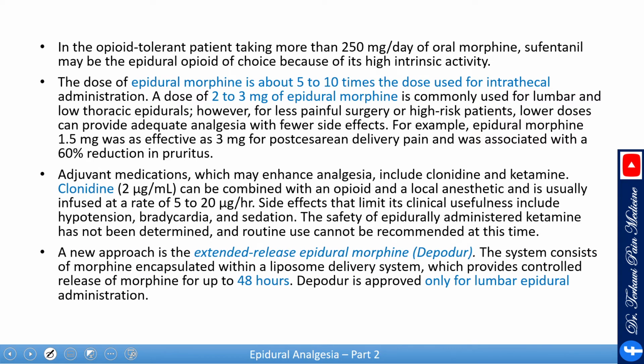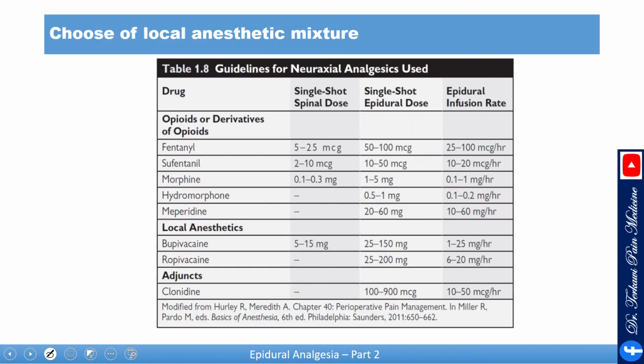There is a newly available, recently approved, extended-release epidural morphine, which is believed to last up to 48 hours after a single injection. This table summarizes some of the doses for common medications.